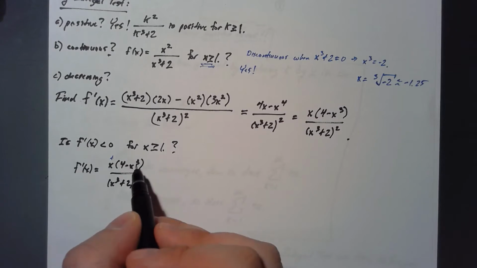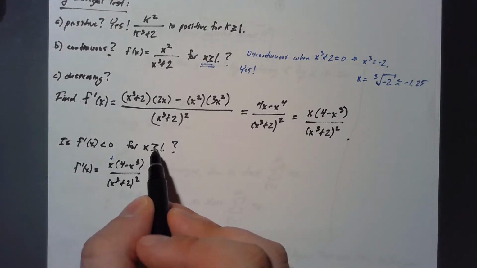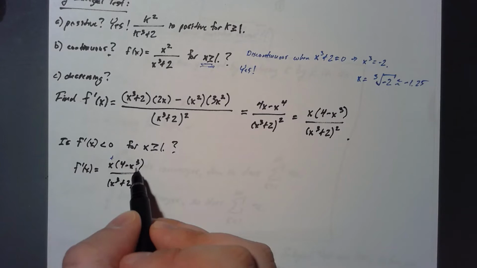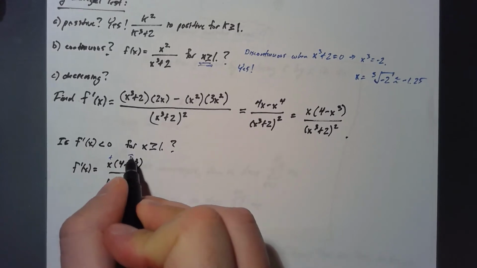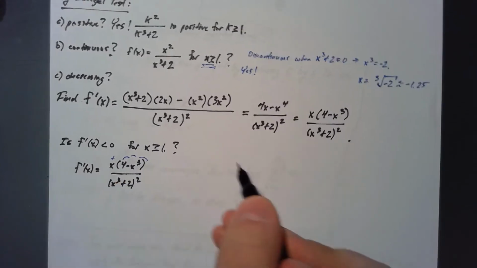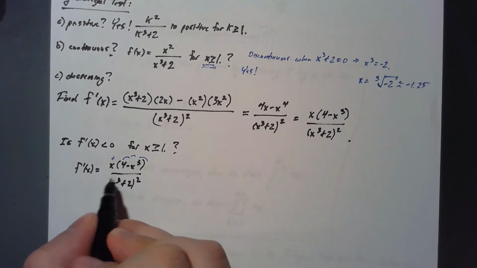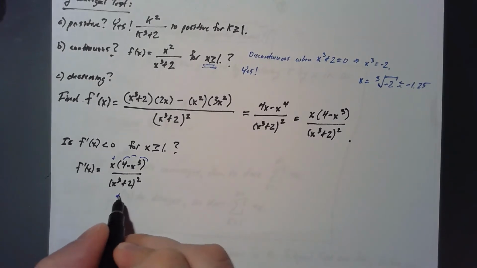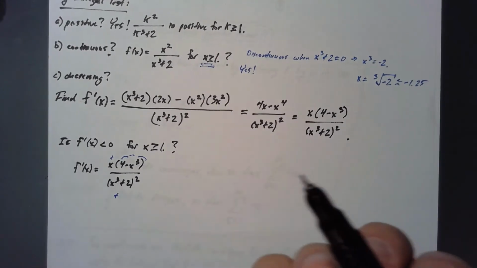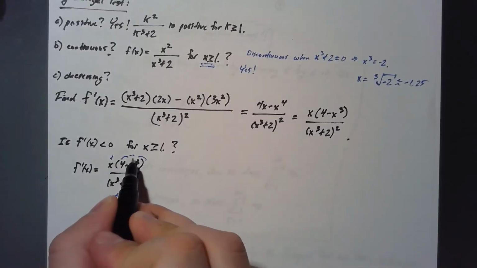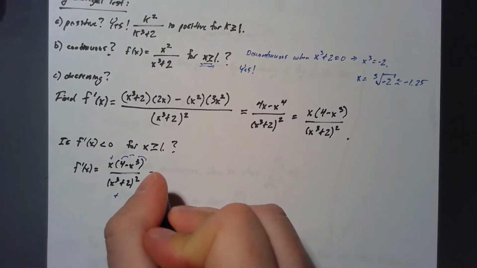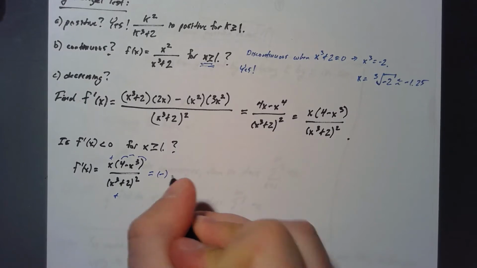So initially it looks positive, but as I keep going this will become negative at some point. And then the denominator is squared, so that's always going to be positive. So I have a positive times a negative divided by a positive, which is going to be negative.